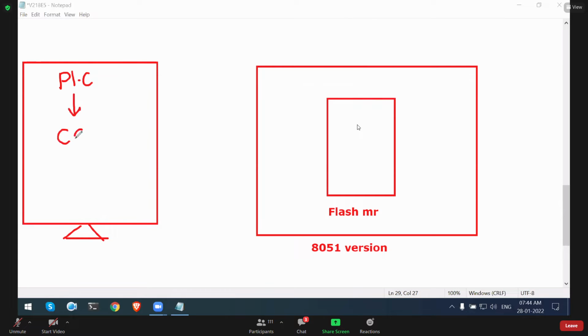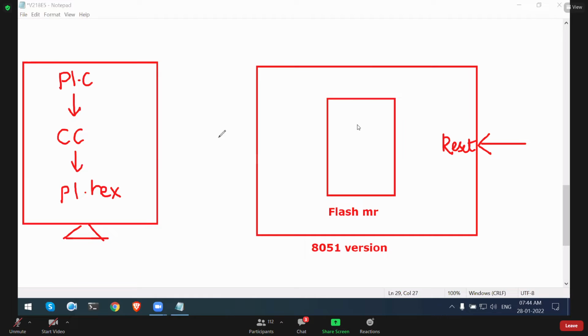Then you did cross compilation. So after cross compilation, you got the hex file. Assume that this is the reset pin. So you got the hex file after cross compiling this program.